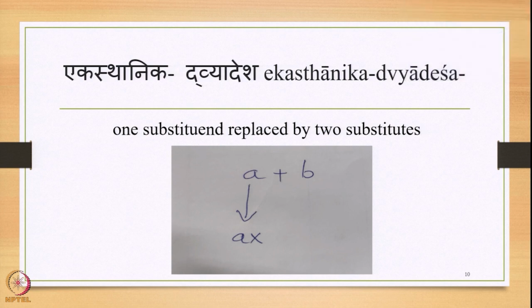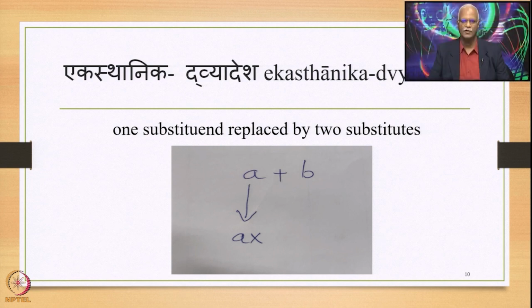Then we studied Ekasthanika Dvyadesha, where one substituent is replaced by two substitutes, where we have A plus B as the environment.